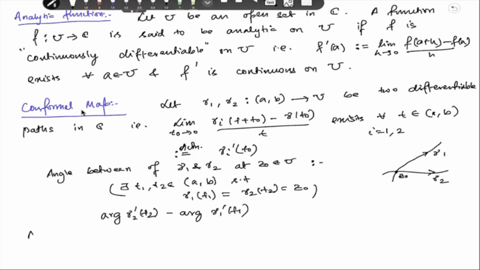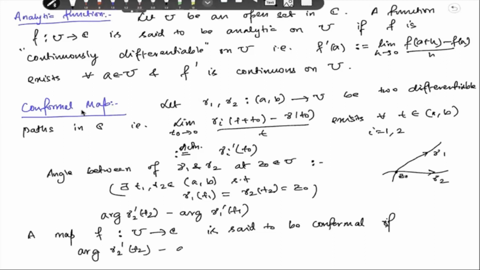And a map f from U to C is said to be conformal if the argument of gamma 2 prime t2 minus the argument of gamma 1 prime t1 is equal to the argument of (f composed with gamma 2) prime t2 minus the argument of (f composed with gamma 1) prime t1.